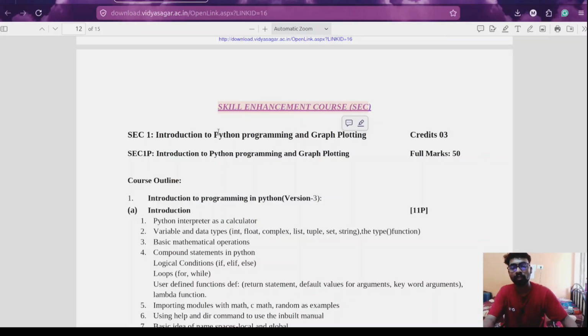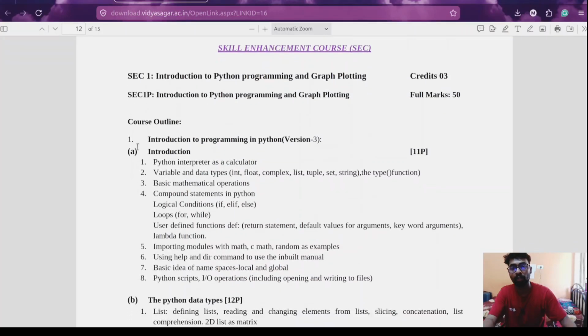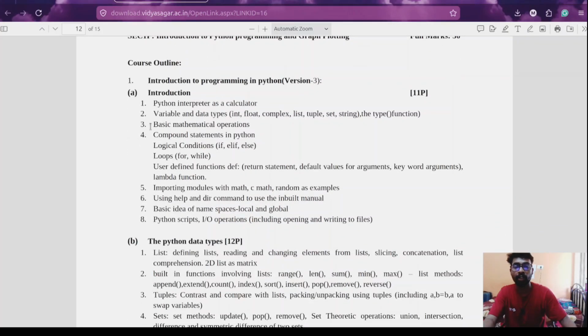This is introduction to Python programming and graph plotting, basically an introductory course of Python programming and graph plotting. The course outline begins with an introduction to programming in Python version 3, that is, when you install all the necessary tools. So we have installed Python version 3 basically.